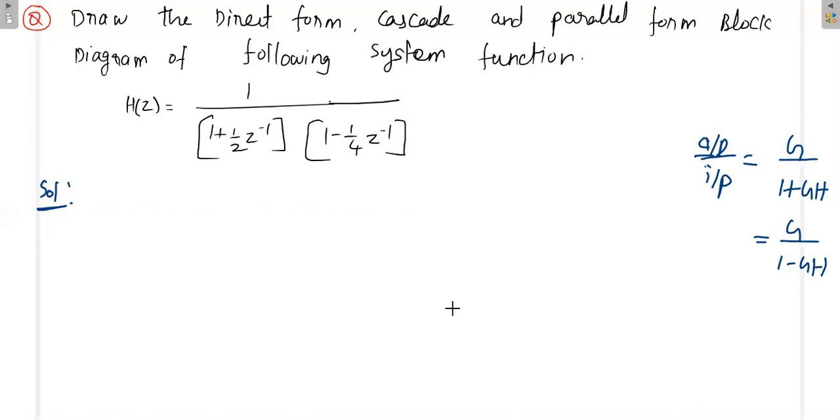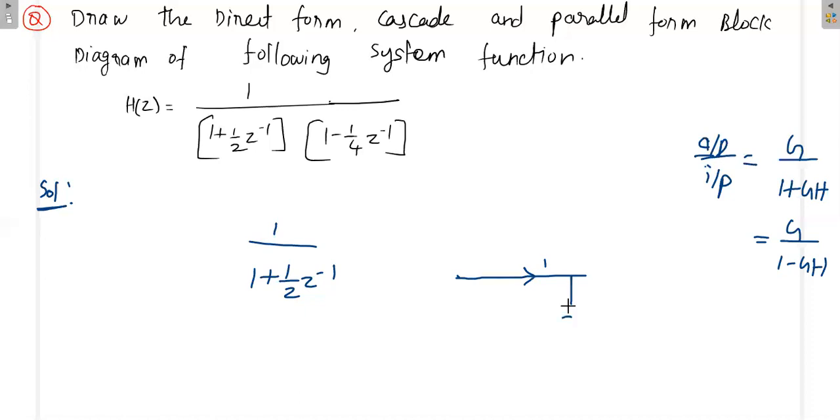See why? Suppose I'm getting a function like this, for example, 1 by 1 plus 1 by 2 z inverse. That means this is like negative feedback, so I will be realizing it like this. The gain is 1, the numerator is 1.